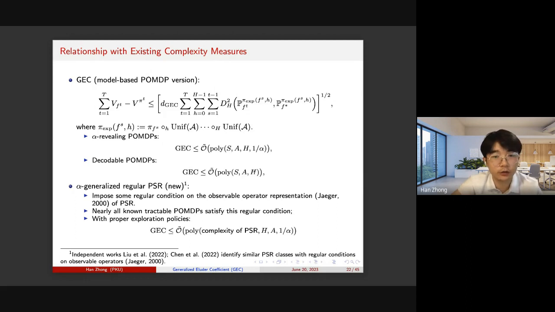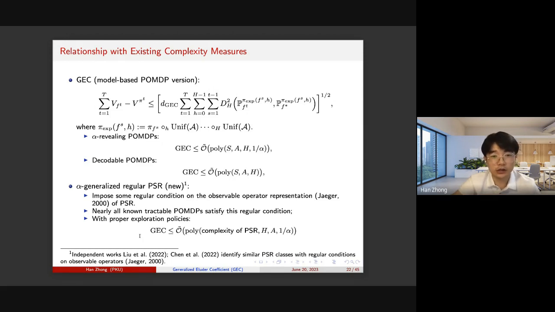So more generally, we can show that the GEC can include the alpha generalized regular PSR as a special case. Here is a new PSR class identified by us. At a high level, we impose some regularity conditions on the observable operator representation of PSR. Then we can verify that nearly all tractable POMDPs satisfy this regularity condition.